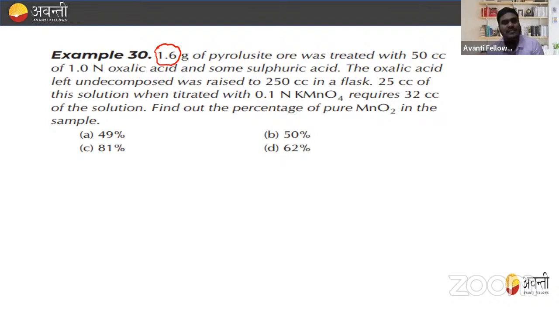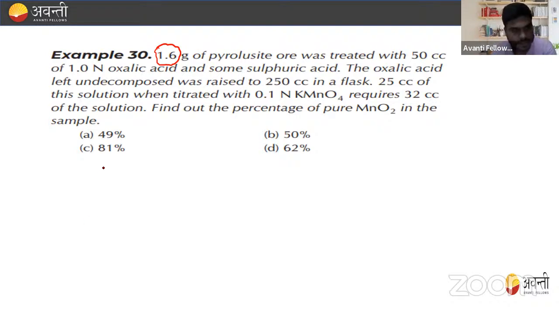The oxalic acid left undecomposed was raised to 250 cubic centimeter in a flask. 25 cubic centimeter of this solution when titrated with 0.1 normality KMnO4 required 32 cubic centimeter of the solution. Find out the percentage of pure MnO2 in the sample. So you have to calculate the pure MnO2 in this reaction. Okay, so let's see how to solve this question.